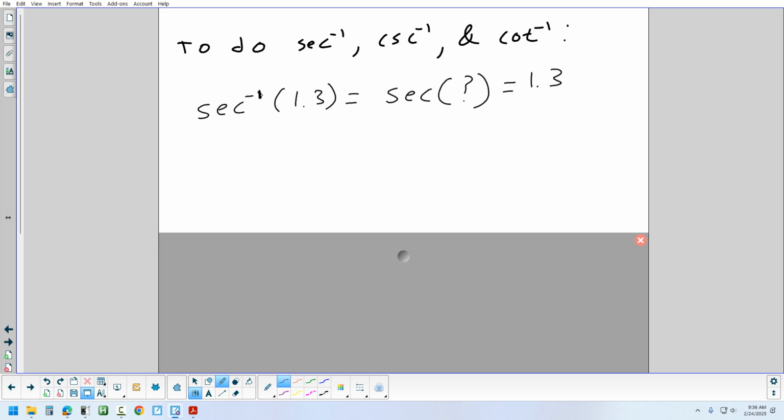It's connected with cosine. What is the connection between the two? If you know one of them, you just have to do something to it to get the other one. It's flipped. So if we know the secant comes out to 1.3, that's the same as saying the cosine comes out to not 1.3, but what?